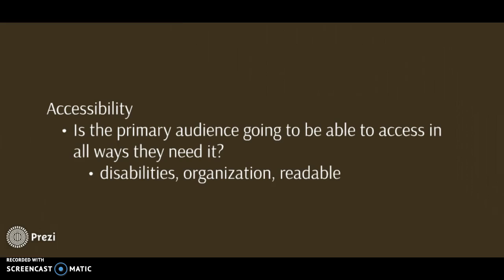Other things that can influence this are disabilities. If somebody has poor vision, you might need to make the typeface very large. If you are creating a website, there are spots where you describe the image so that it can be read to a blind person.